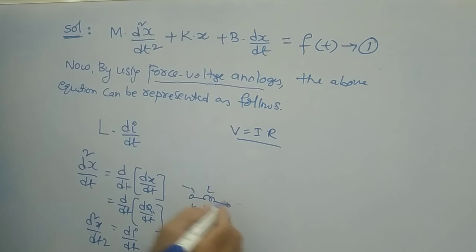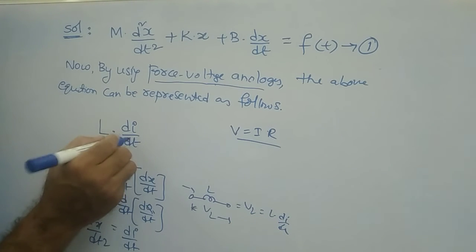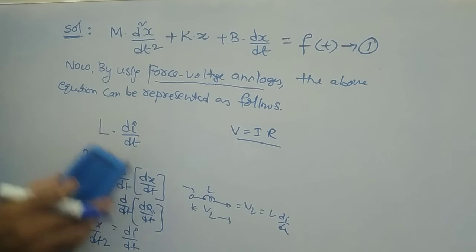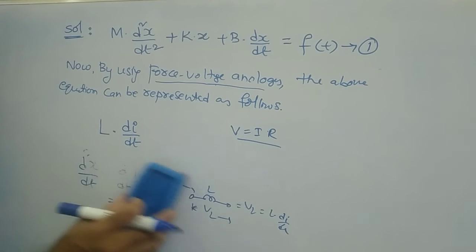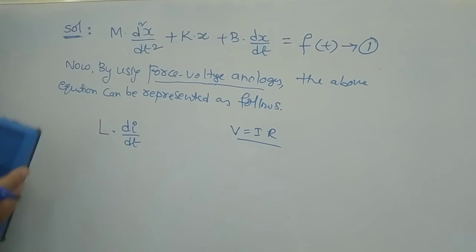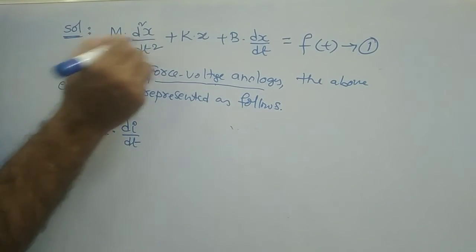If current I is there, VL is equal to L into di by dt. Obviously di by dt will come here. That's it. It is good to know, but you can write like this also. Clear? I think you all understood. So L into di by dt, this one.